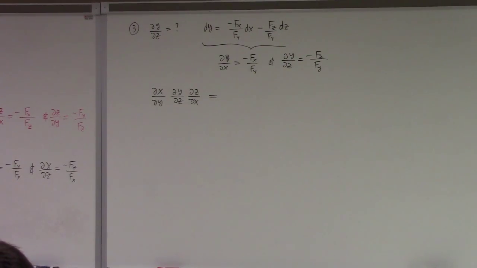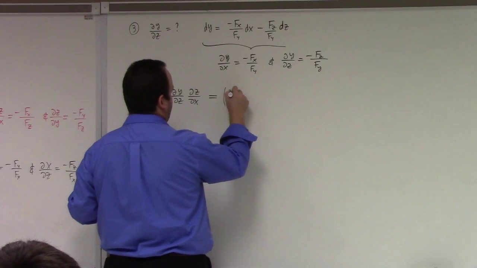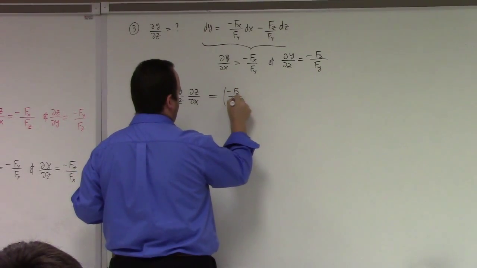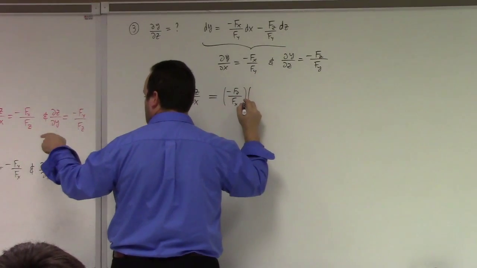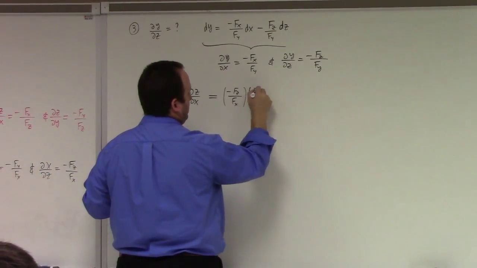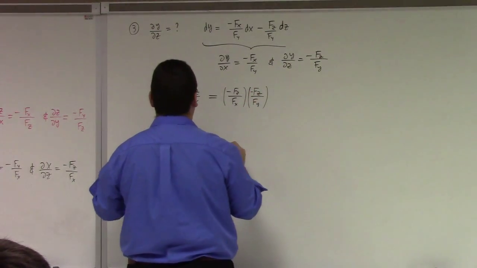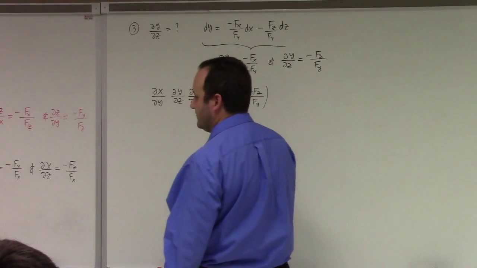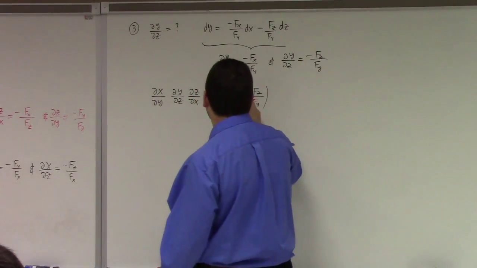Well, partial x partial y is negative fz over fx. And what's partial y partial z? Minus fz over fy. Did I do this wrong? Partial x partial y was what? Oh, that was supposed to be fy.